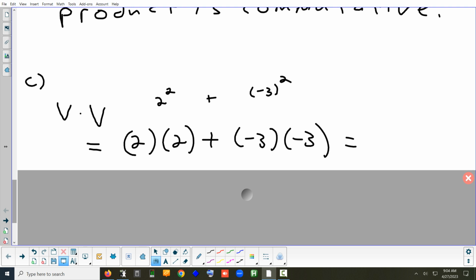Yeah, you're not taking the square root of it. And when we use the Pythagorean theorem, what did that help us to figure out about a vector? We use the Pythagorean theorem to find the magnitude. So dotting a vector with itself is almost like finding the magnitude, except you don't take the square root.